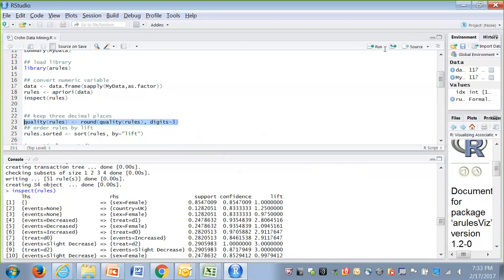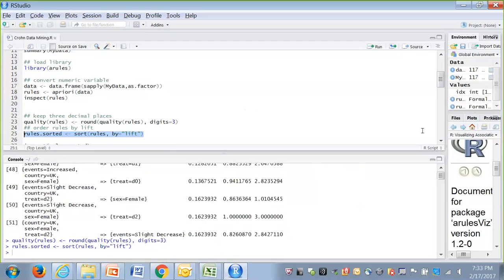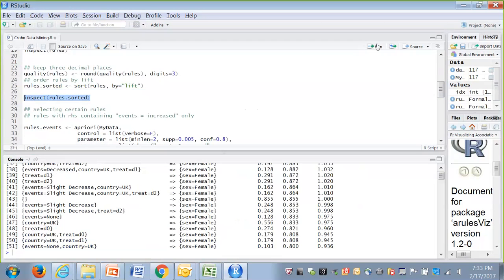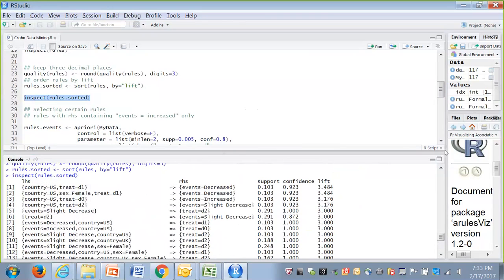Once I run this particular command, we'll do a sort, sort it by the lift, and inspect the sorted rules. What we see is that the higher quality rules are at the top.